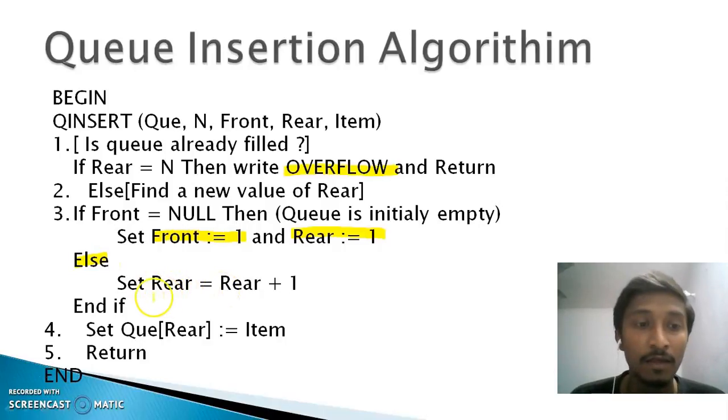Then this if will end here. Fourth point, set queue rear is equal to item, then we allot the item at that place. Return n. This is the algorithm for queue insertion if we want to insert any element in the queue.